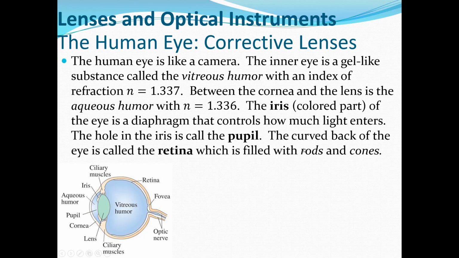Now, one of the interesting things, as a quick side note, is that the distribution of rods and cones is actually not consistent along the back of the eye. The edges over here and over here tend to have more light sensors. So I'll say that there are more cones over here, while in here it doesn't really have too many cones, but it has a lot more rods or color sensors.